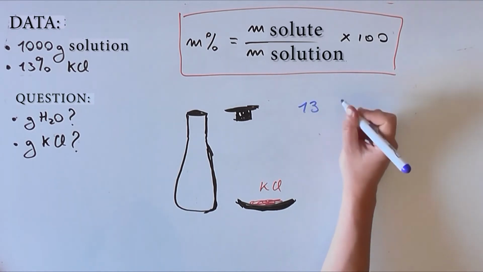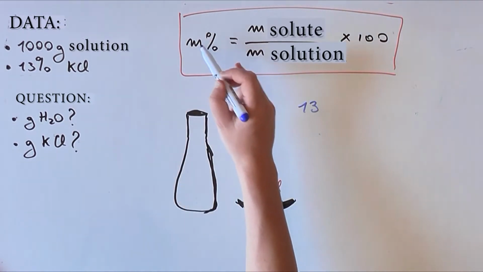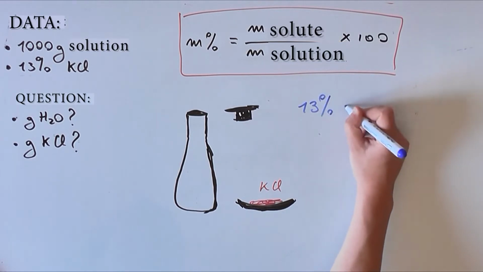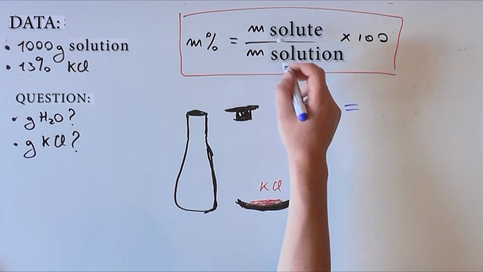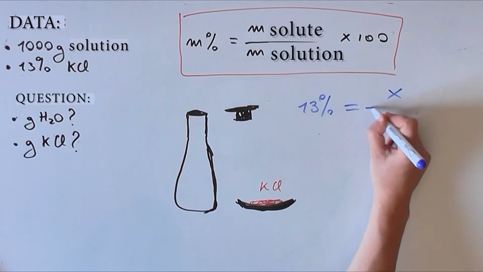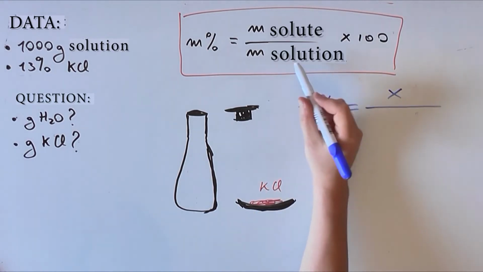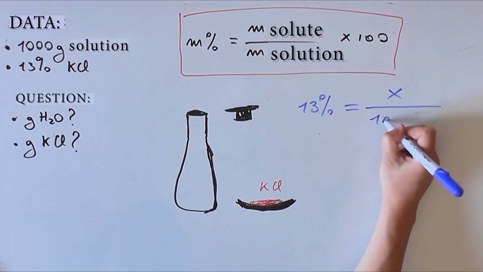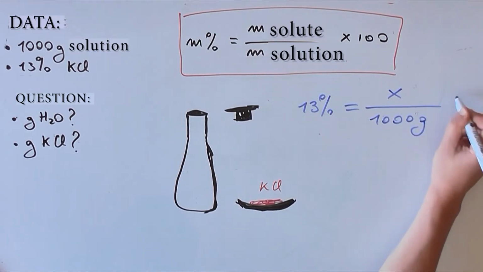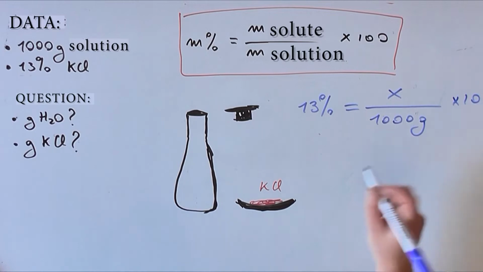We have the percentage by mass, it's 13%. The mass of solute is our unknown amount. So I will write X divided by my solution, which is 1000 grams, times 100.